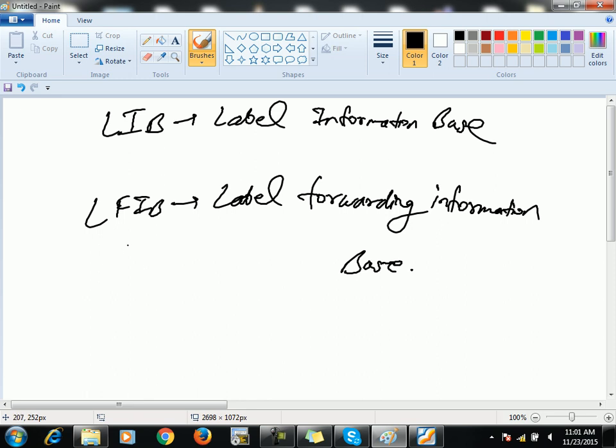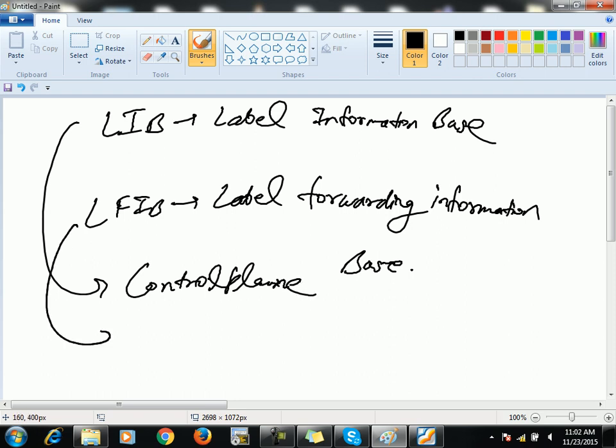Remember, LIB resides in the control plane. It is the same as RIB, control plane, whereas LFIB will be in the data plane.